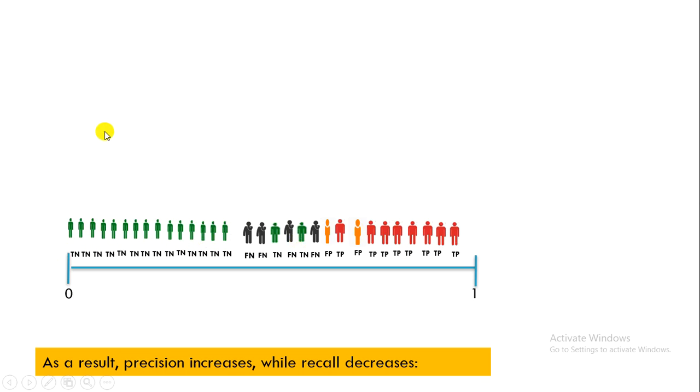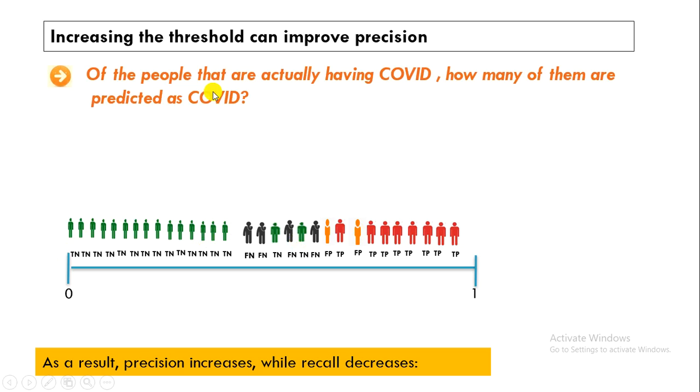Let's say I have 30 people. I have a COVID classification model. My COVID model assigned probability for all these 30 people. Now, let us try to understand how increasing the threshold can improve the precision and decrease the recall.